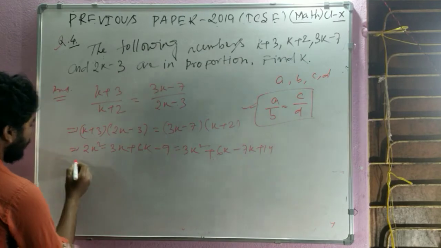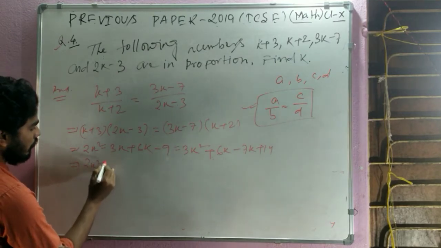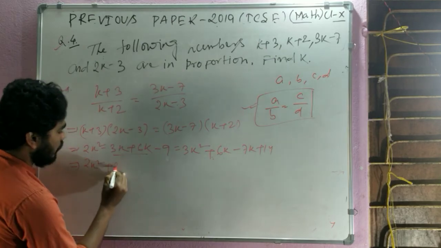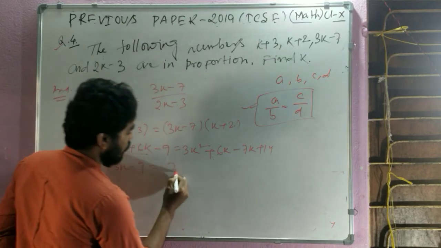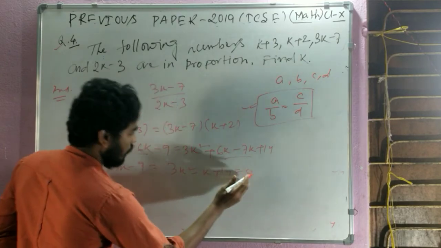Just multiply these factors. 2K square plus 3K minus 9 equals 3K square minus K minus 14.